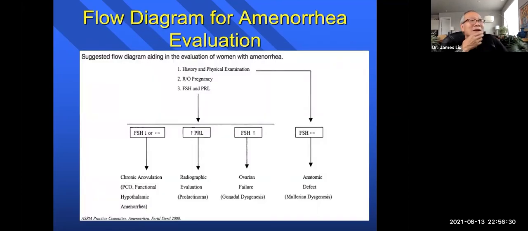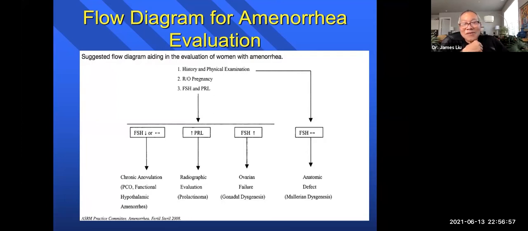So the evaluation then, laboratory-wise, after you've done your history, your physical, and your overall look at the habitus, the hair distribution, the muscle distribution, the skin, breasts, and the internal and external genitalia.